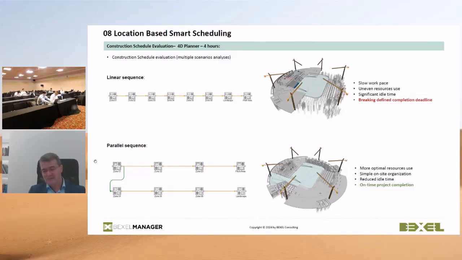Of course, if this was not even sufficient, maybe the decision will be to create 4 parallel zones and subzones. Then coordination is slightly more challenging, but nevertheless, you will make the project on time.